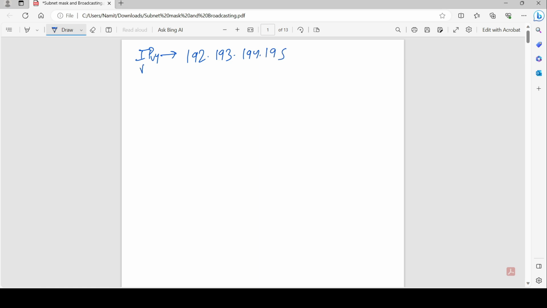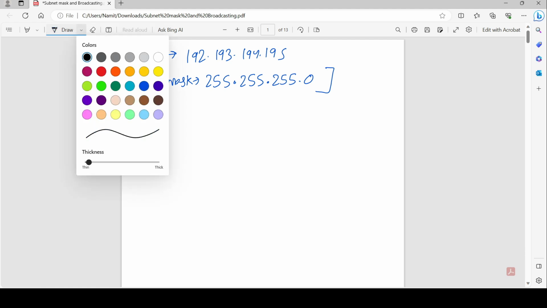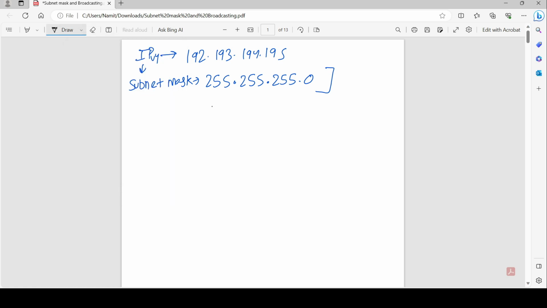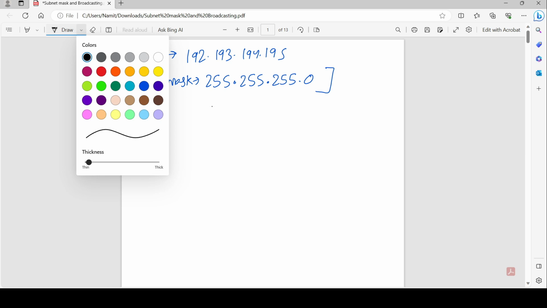But after this you would have seen something like this, a subnet mask. Have you seen these things? Please tell me in the chat box. I have opened the chat. Yeah, please tell me, have you seen this part as well? Okay. So we have a new topic for today.